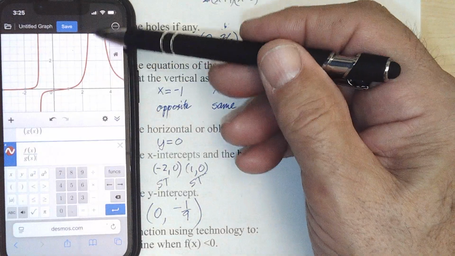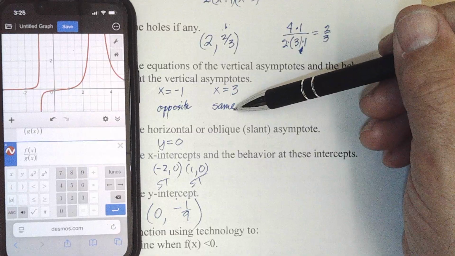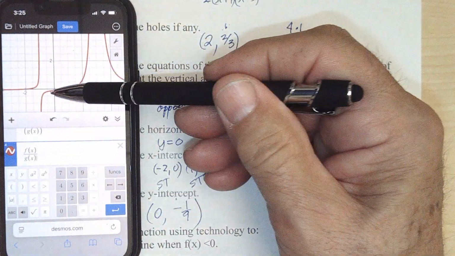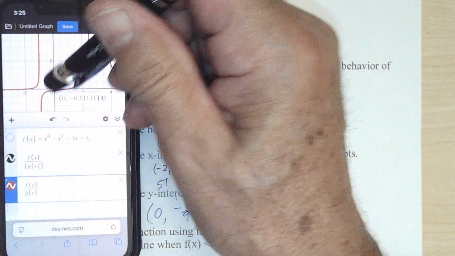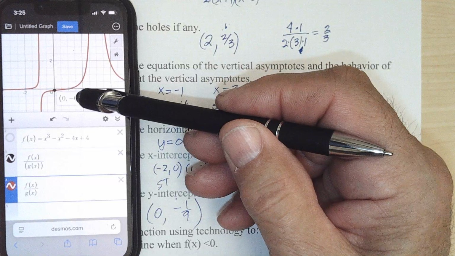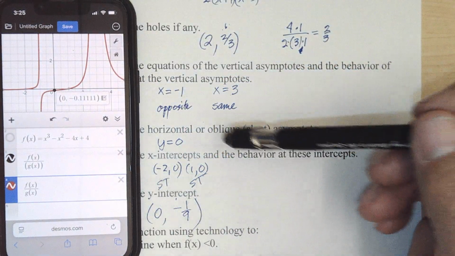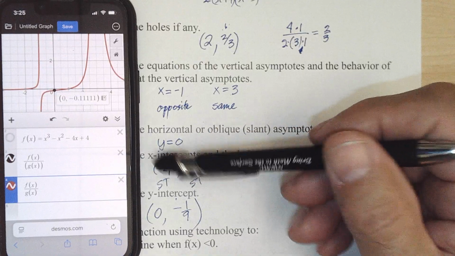It's avoiding 3, going in the same direction. It has a y-intercept of 0, -1/9. If I tap on that, -0.1111 is -1/9. It has an x-intercept of -2.